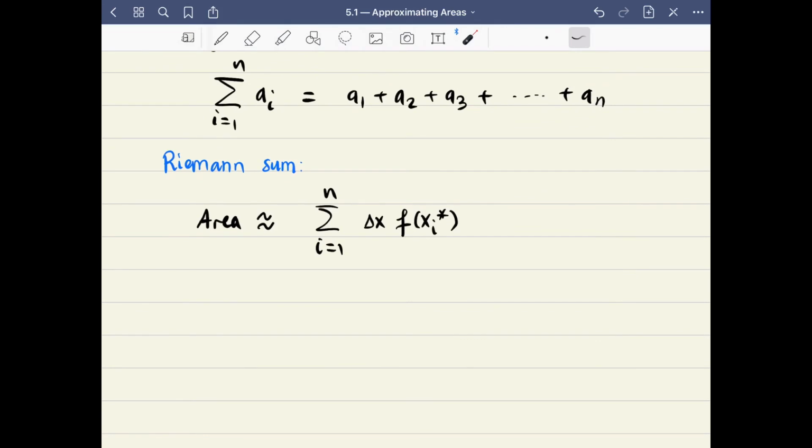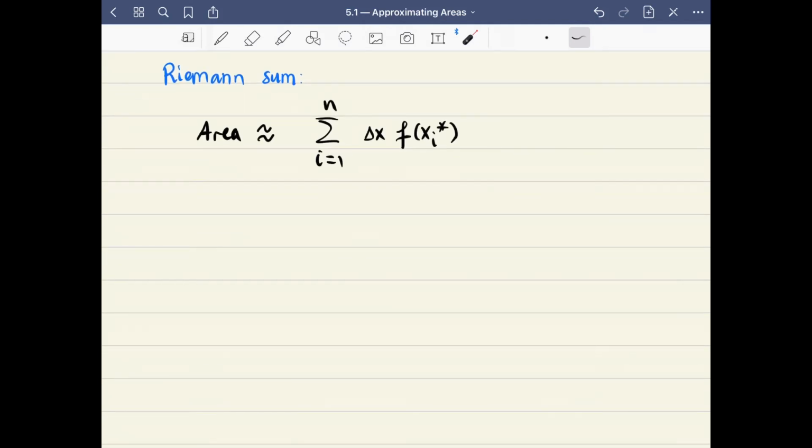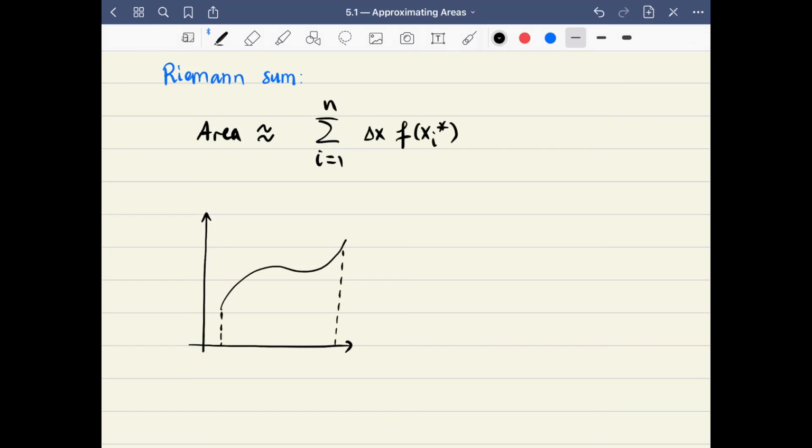All right. Now, what is the good thing about this sum? Of course, you can take the function y is equal to f of x, and then maybe do some rectangles. Let me just draw the function first. So if you have this function here, and you do, let's say, 4 rectangles, then you have these rectangles, right?